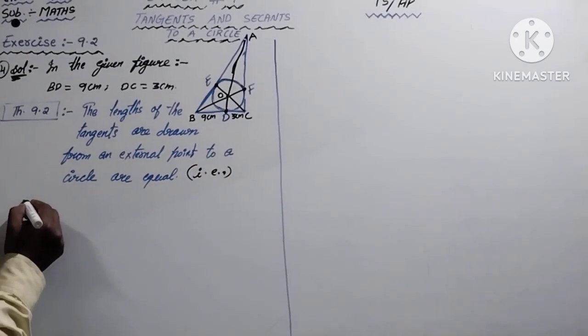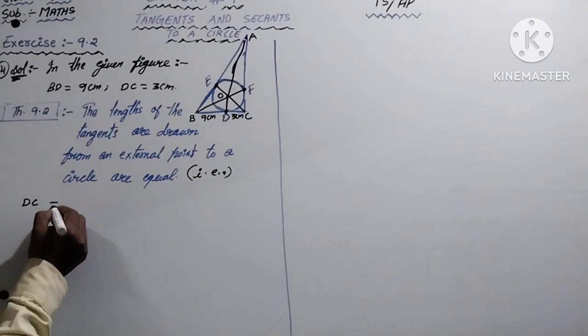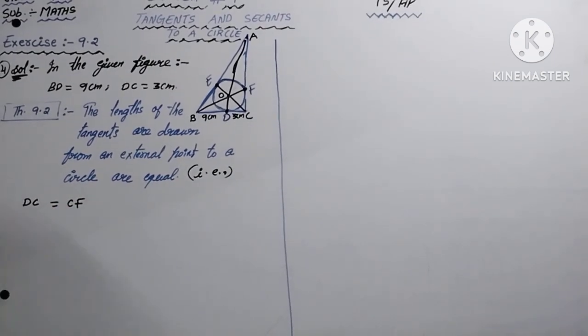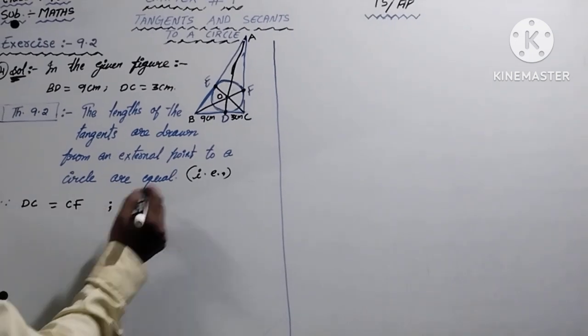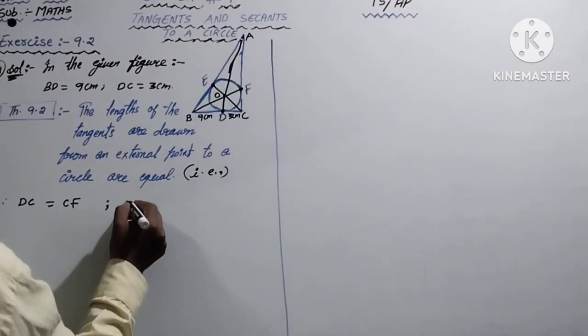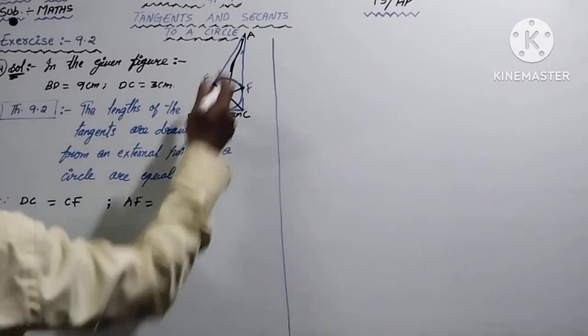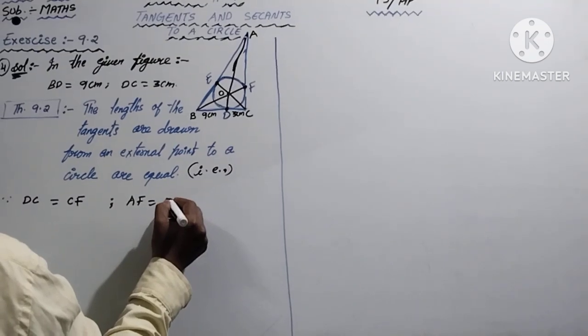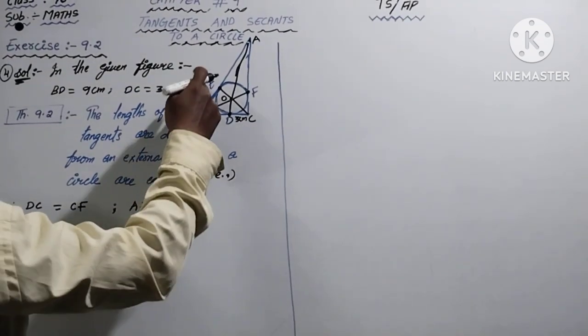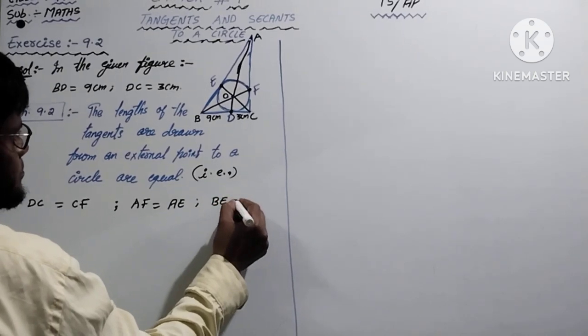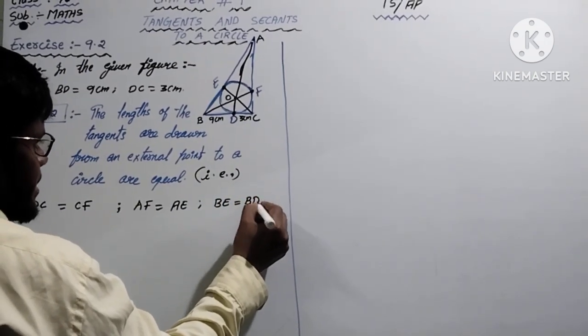Here DC is equal to CF. Remember this point. The next one, AF is equal to AE, and one more, BE is equal to BD.